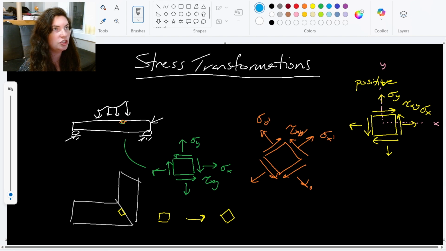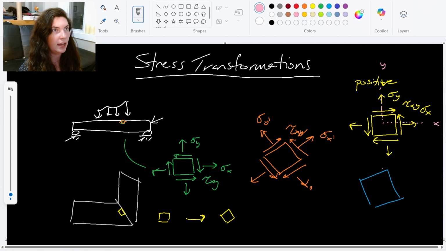If our signs change, for example, we go to a negative normal stress, we know that that'll come into compression, right? It'll be pointing towards it instead. And so when we do these transformations, we do a rotation. Essentially what's happening is that we're given some angle theta that we're rotating by.